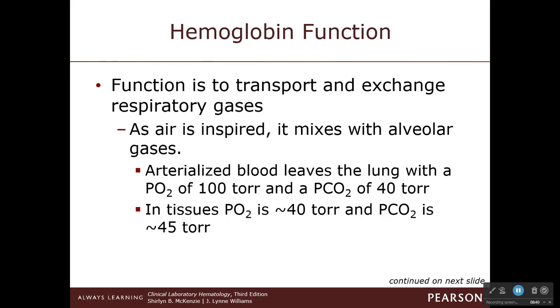So, let me ask you a critical question. pH is 0 to 14 with 7 being in the middle, okay? So, if I go this direction, what happens to my pH? It's acidic, so it does what? Goes up or down? It goes down because I'm going from 7 to 0.